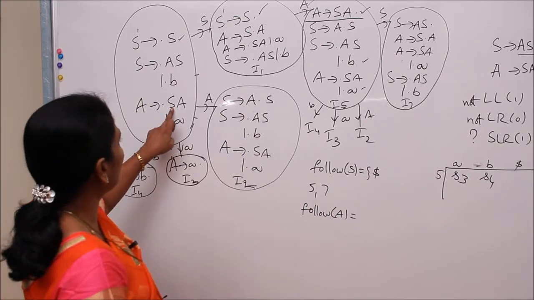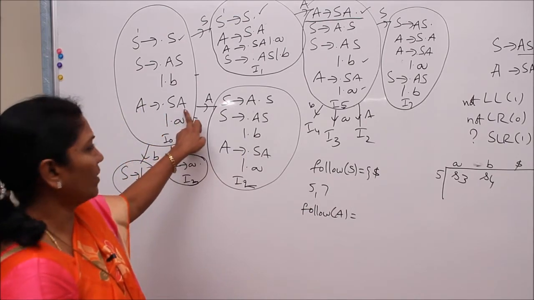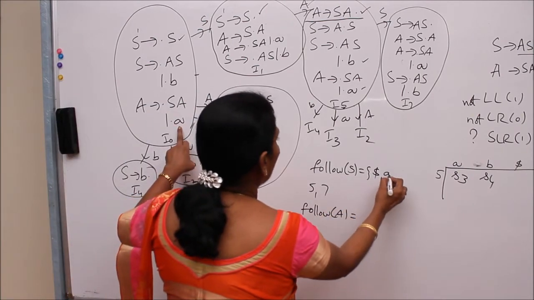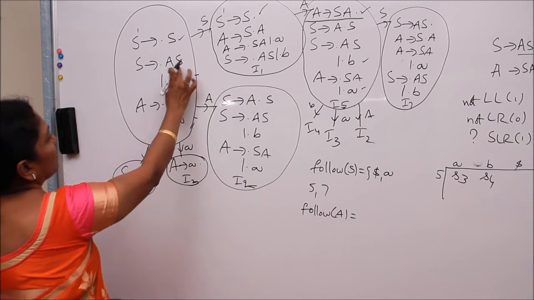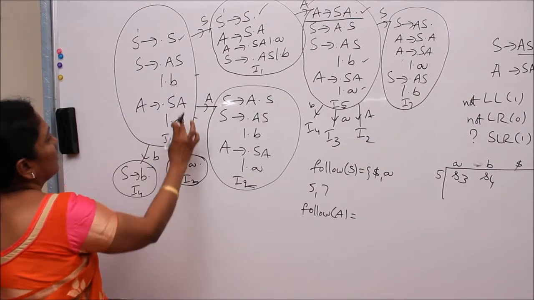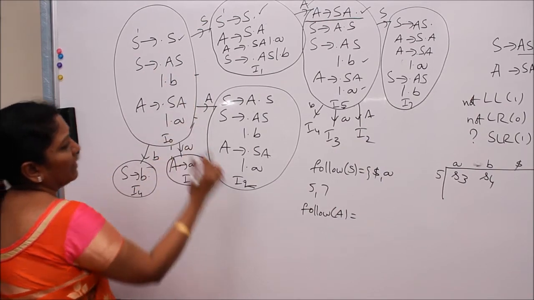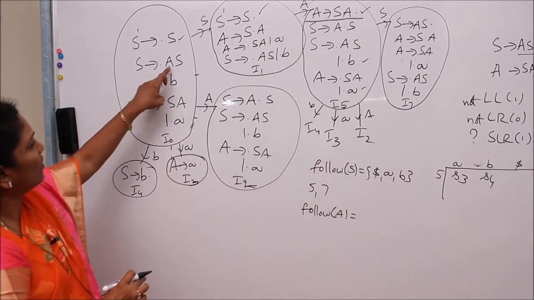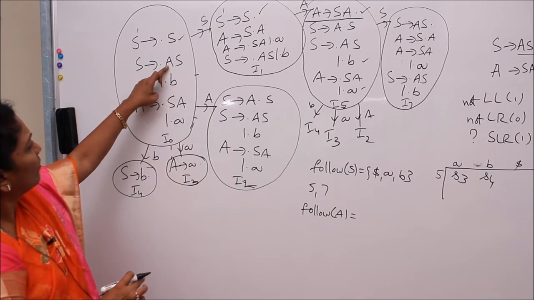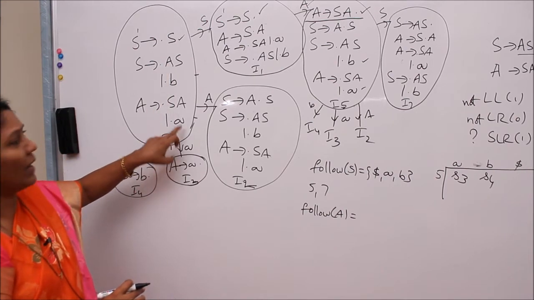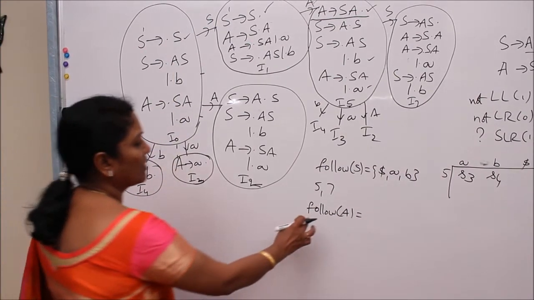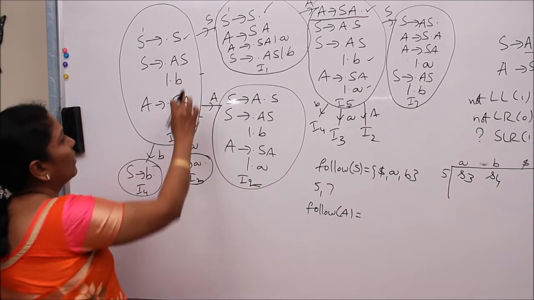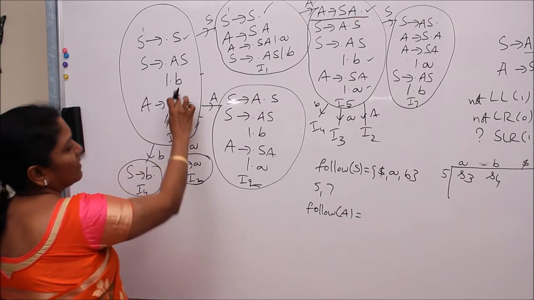Then follow of S is first of A. First of A is A. Follow of A is first of S. First of S is here. Here you have B. And also first of A is even A. So A, B, dollar. Now let's see what is follow of A. Follow of A is first of S. What is first of S?